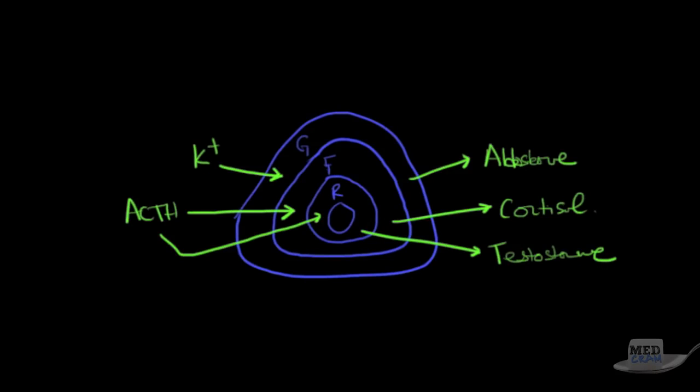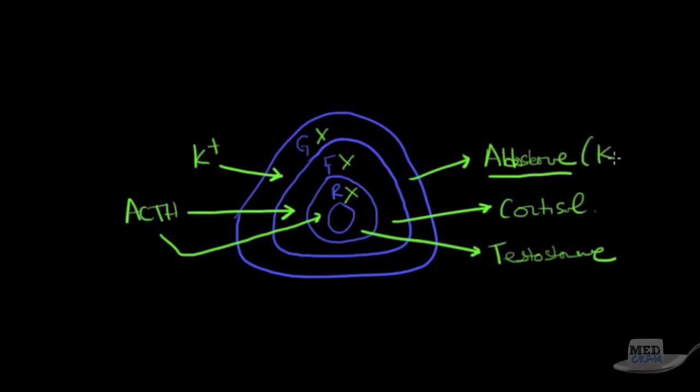Okay? Now, if there's a problem, let's say that we could have a problem here with the adrenal gland. Let's say the adrenal gland's not working. What would it look like? Let's say none of the layers are working. Since there's no aldosterone, we can't dump potassium.